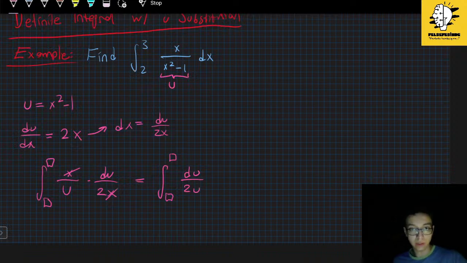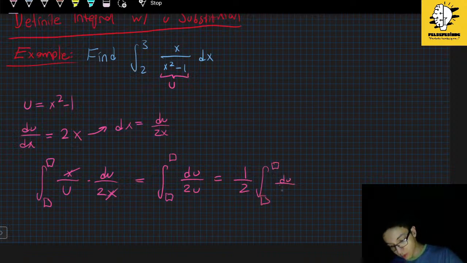May I take this coefficient 1/2 right outside? Yes, why not? Because it is just a coefficient. So 1/2 times du over u.